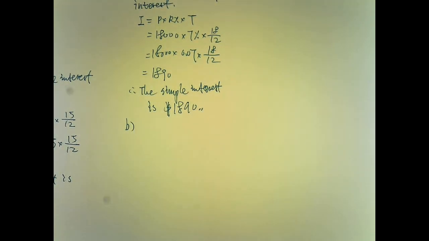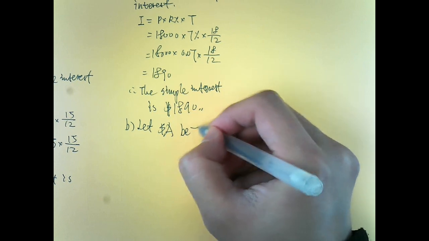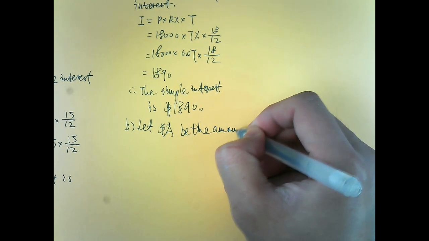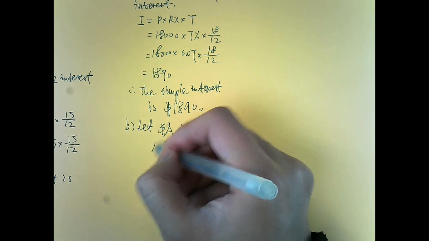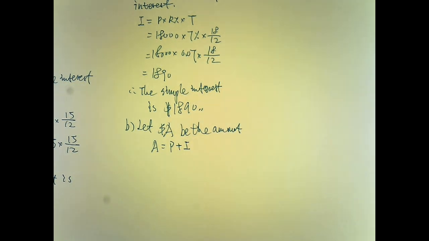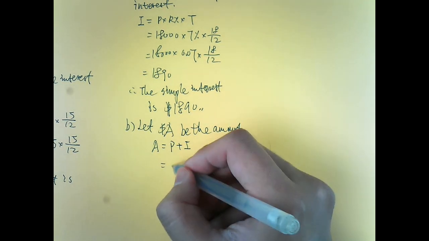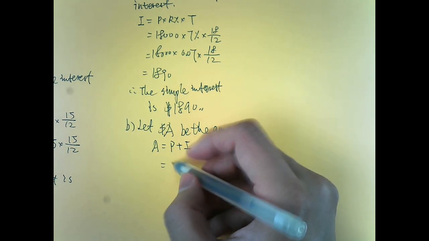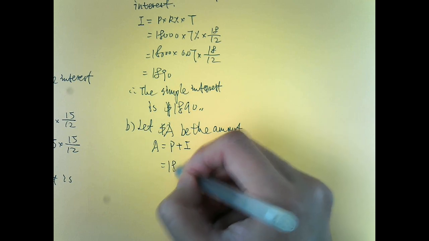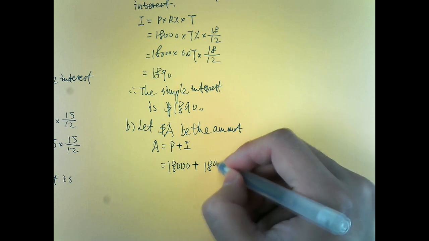So part B, you have to find the amount A. You let this be the amount, or you can say total amount. The simple formula for A is like this. Do you have I? Actually, you have already calculated it in part A, so you put it here. No need to calculate again. So P is 18,000 plus 1,890.